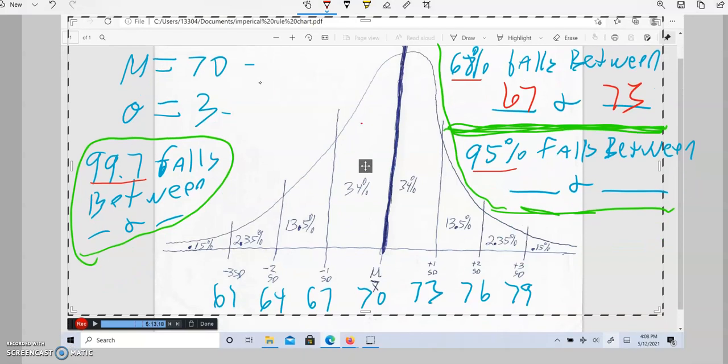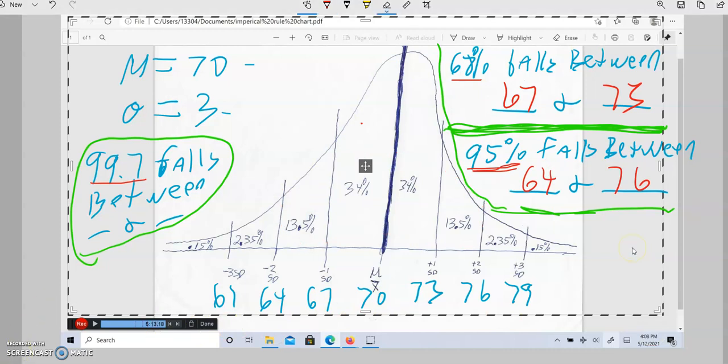If I add those up, within 2 standard deviations is 95%. So just go within 2 standard deviations, and your answer would be between 64 and 76, okay?